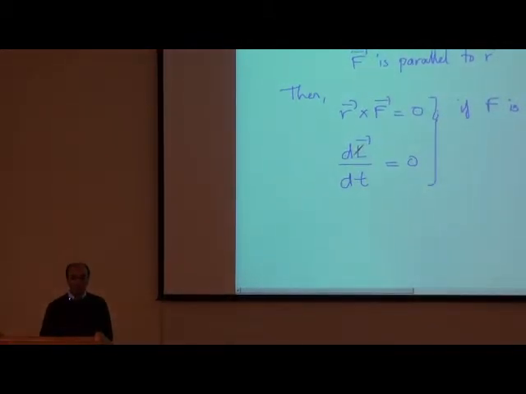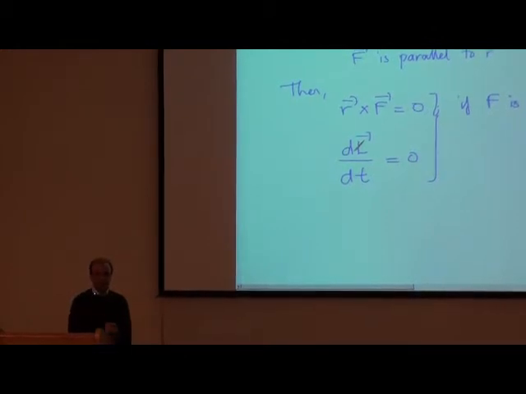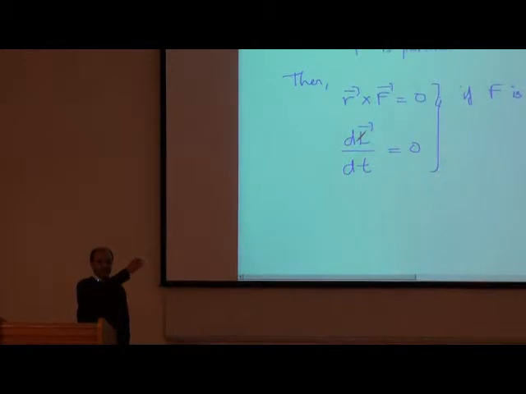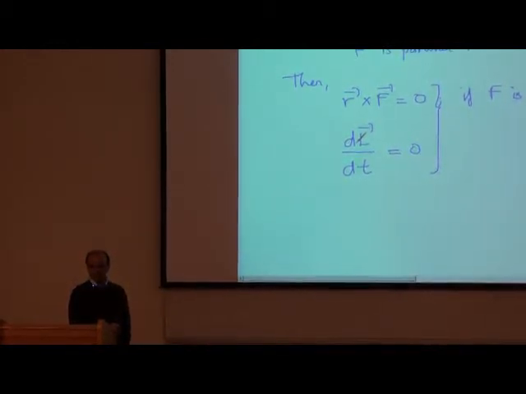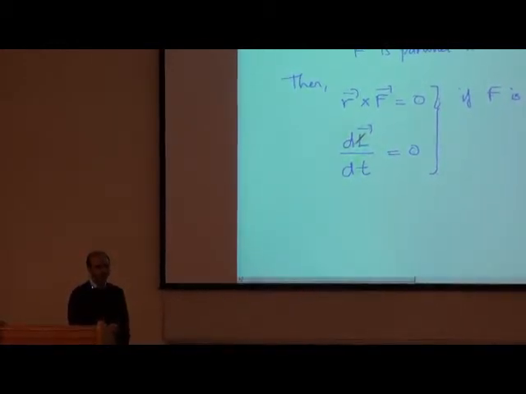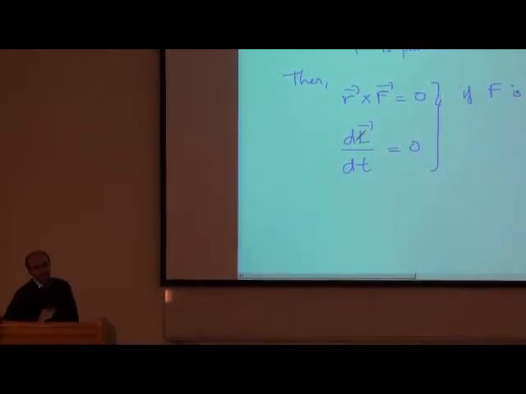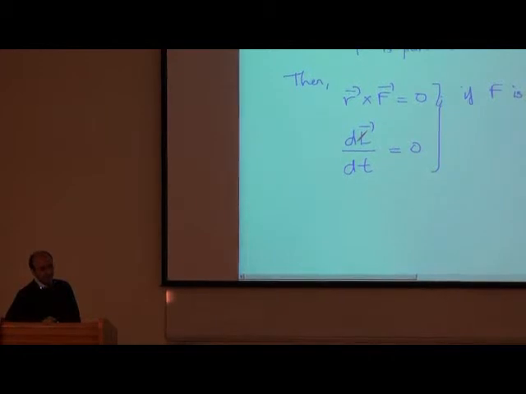In other words, angular momentum does not change in time. Whatever angular momentum you have now is the same 10 hours from now. Just stay and keep measuring. You will measure the same thing as long as the force is a central force.